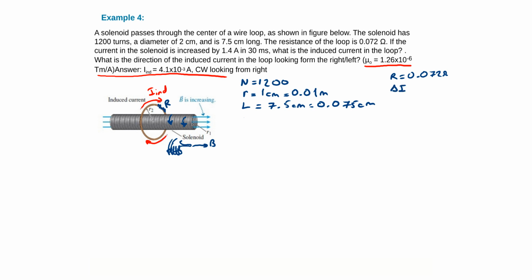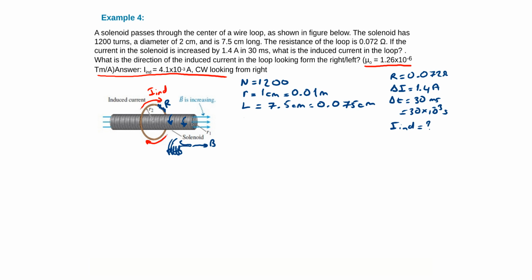and there's a current change, 1.4 amperes, and the time is 30 milliseconds. That's 30 times 10 to minus 3 seconds. What is the induced current in the loop?